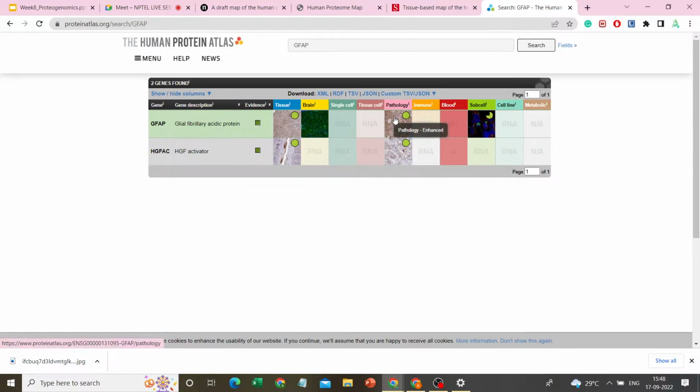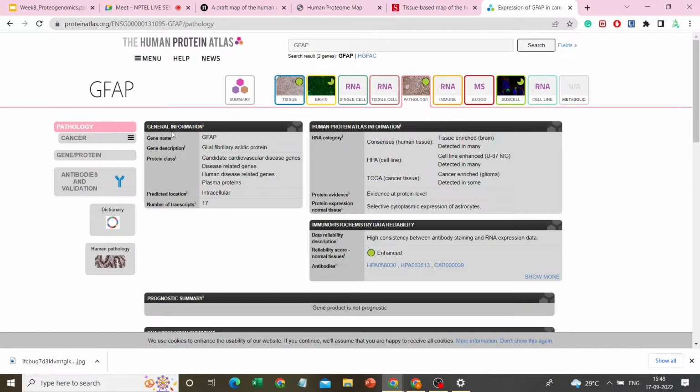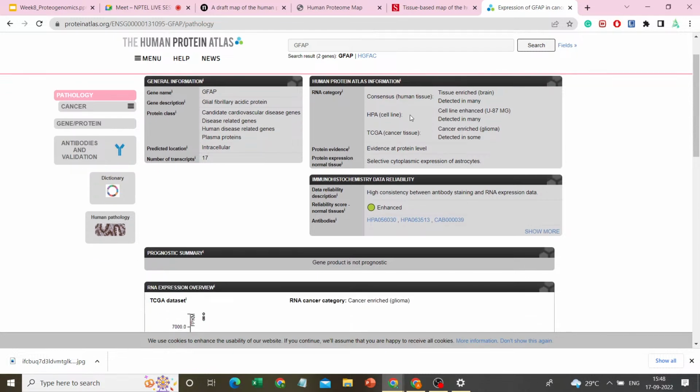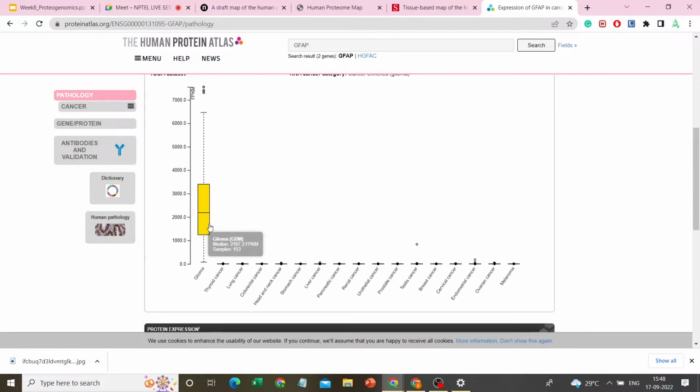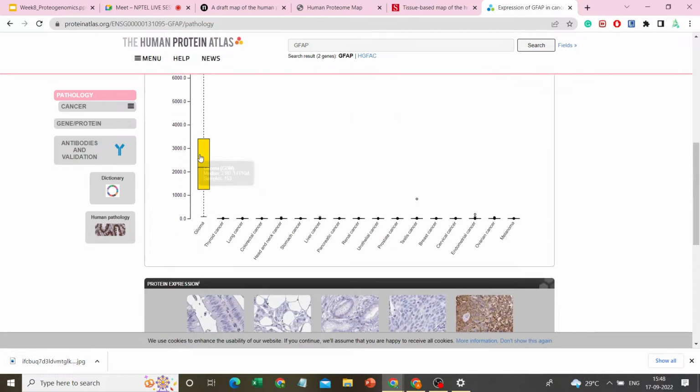If you go to the pathology, here you can see protein class, predicted location intracellular, number of transcripts, and the HPA cell line. Which cancer category is the highest? You can see glioma. From here you can identify your particular genes.